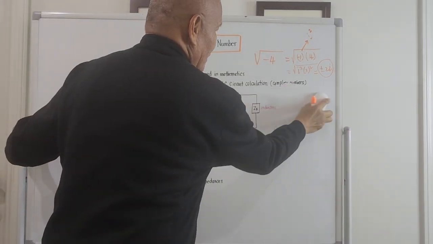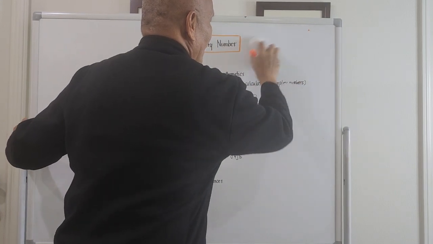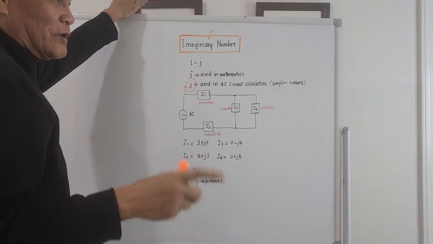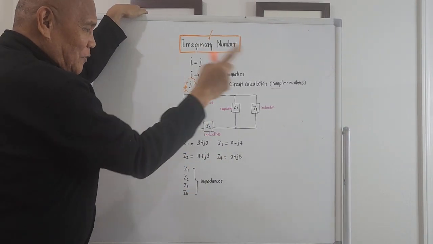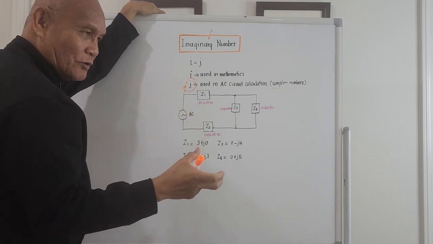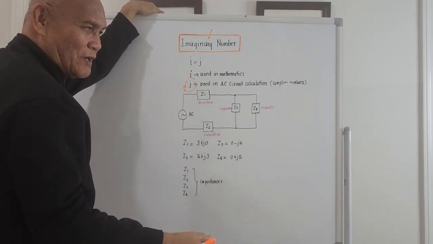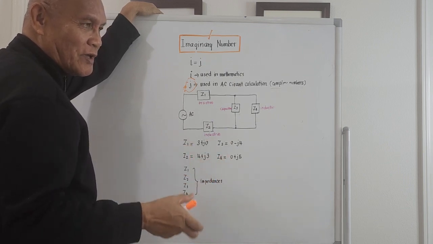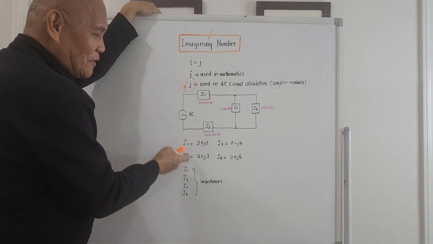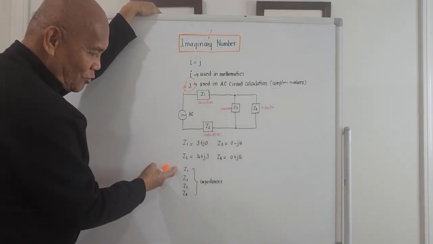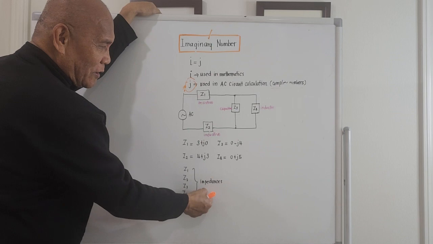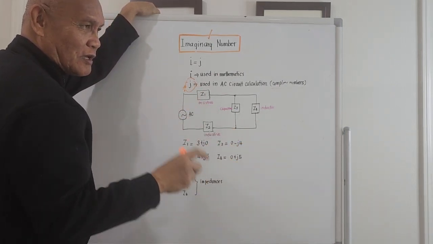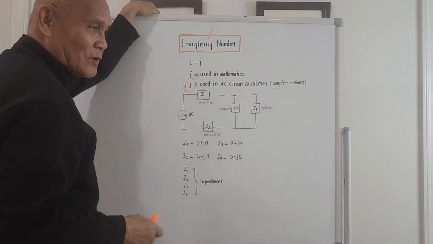The importance of this letter J, which emanates from this letter I, in complex circuits is in the representation of impedances. Impedance is the total opposition to alternating current. We designate that as Z. So I place here Z1, Z2, Z3, and Z4, which are all impedances. Impedance is for AC circuit, resistance is for DC circuit.